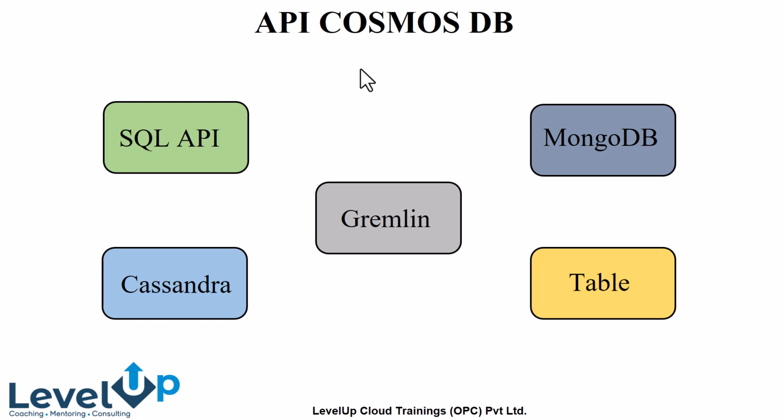These APIs allow your application to treat Azure Cosmos DB as if it were various other database technologies without any overhead of management. That is the importance of these APIs.